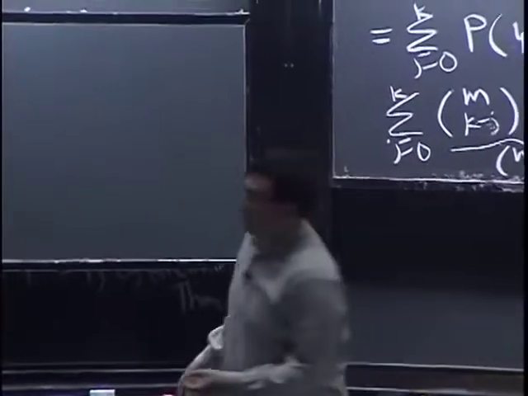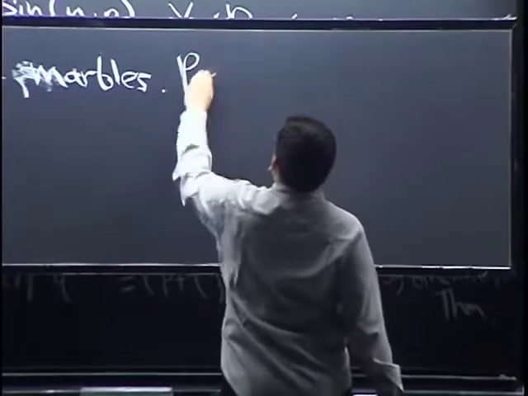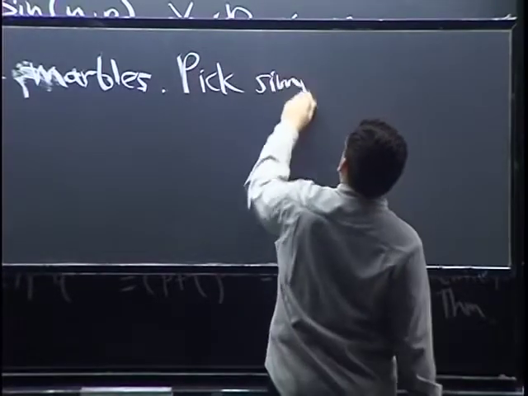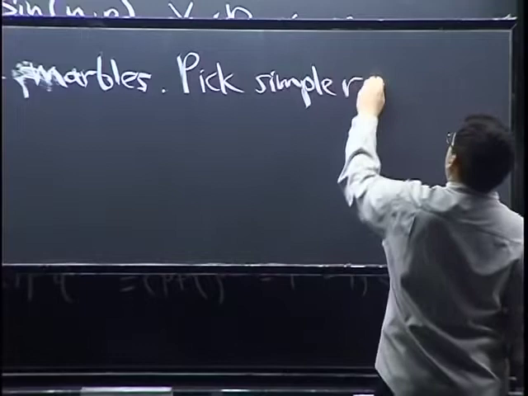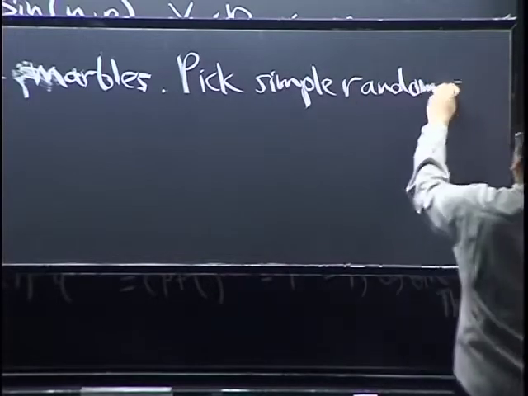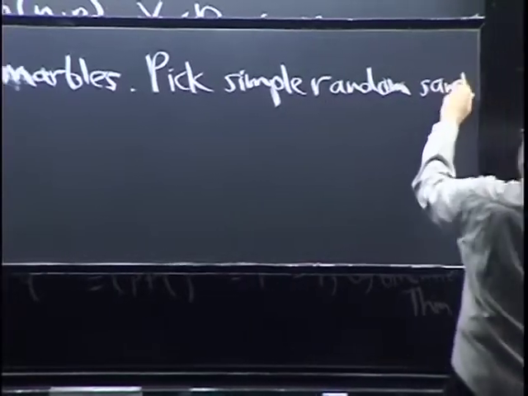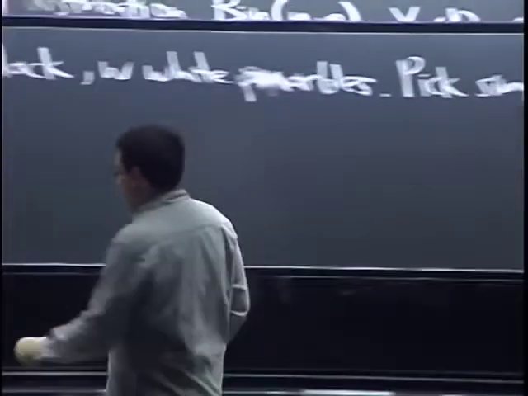You pick, let's say, n of them, a random sample. Simple random sample means that all subsets of that size, let's say n, are equally likely.